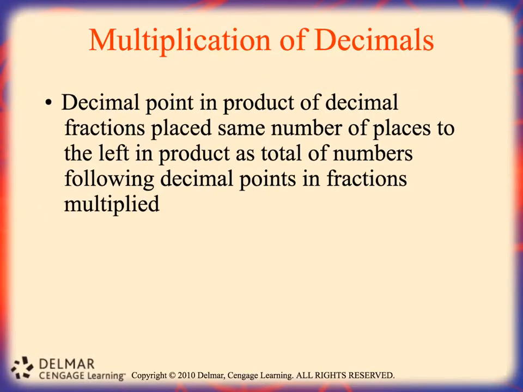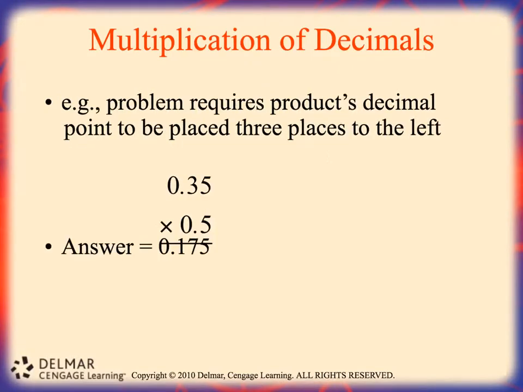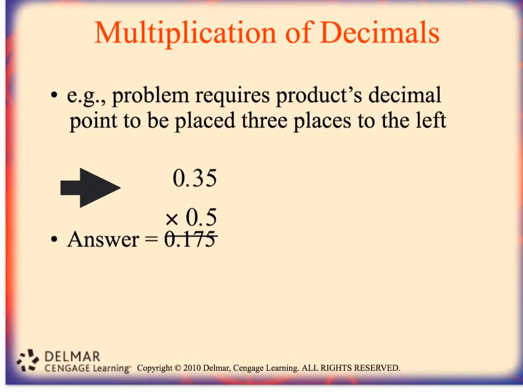In multiplying decimals, they don't have to be lined up, but we do have to count the total number of decimal places in the numbers being multiplied. And we'll see an example of that. So if we multiply 0.35 times 0.5, you notice that the decimal points are not lined up.